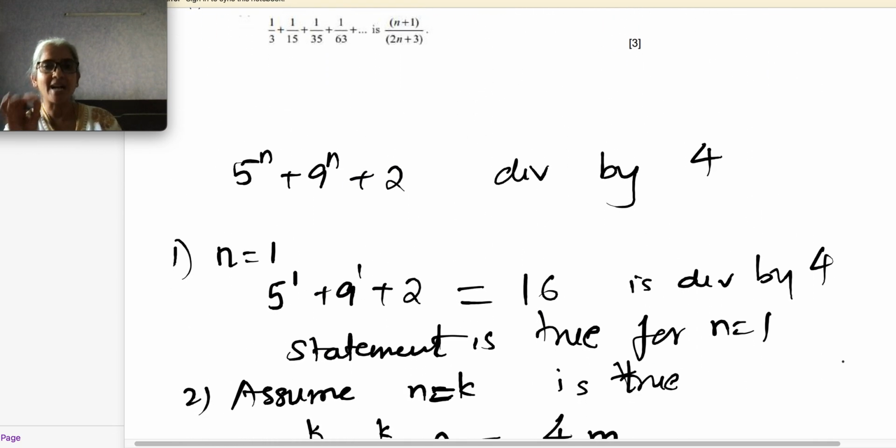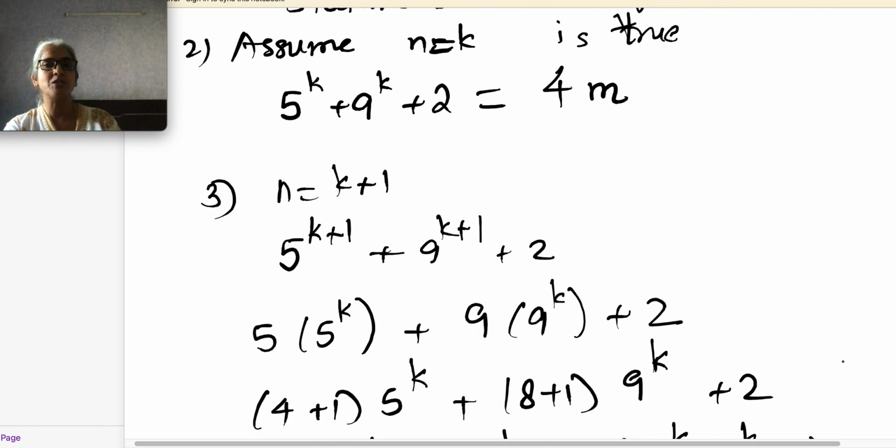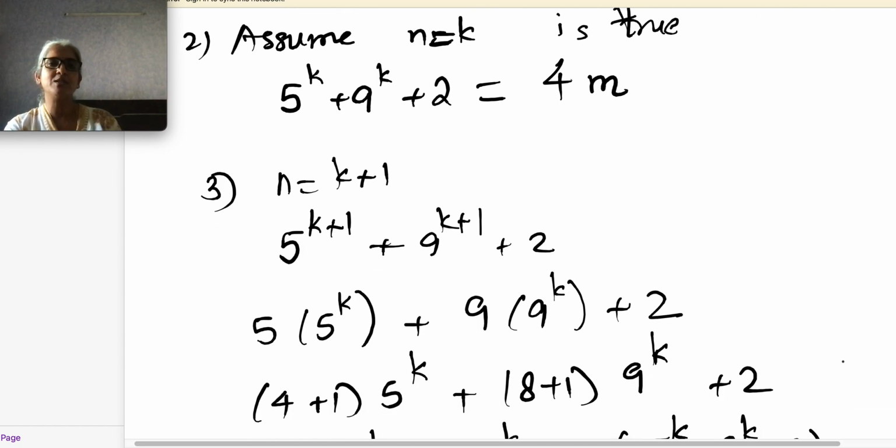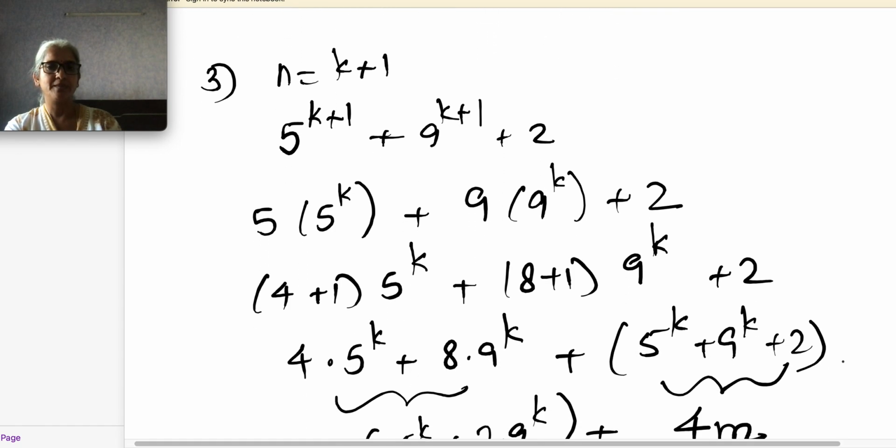Inductive reasoning starts with a specific case like n equal to 1. It assumes that the statement is true for some n equal to k, and then using that assumption, it shows what happens for n equal to k plus 1. If n equal to k is true is leading to n equal to k plus 1 also becoming true, then n equal to 1 is true will lead to n equal to 2, 3 and everything true.